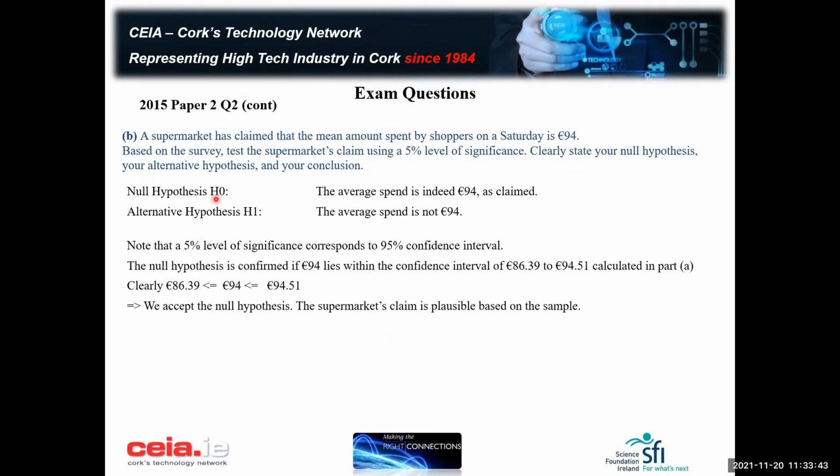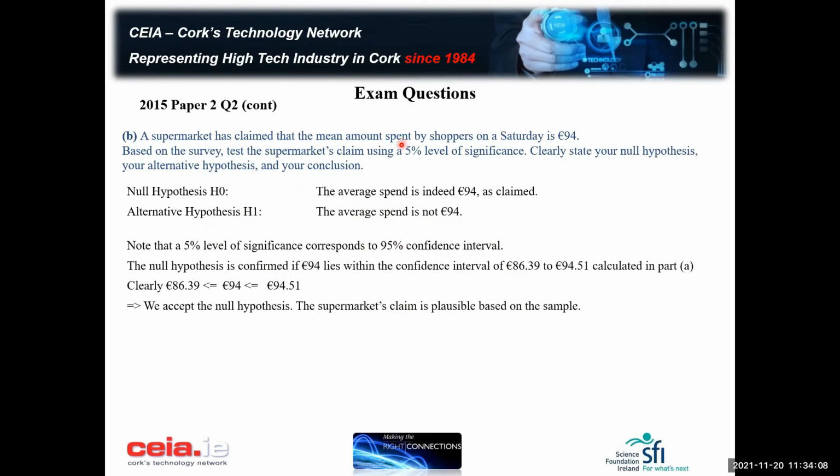Well, your null hypothesis is basically that the claim is true, and it's consistent with your previous data. The alternative is just the opposite of that: the average spend is not 94.